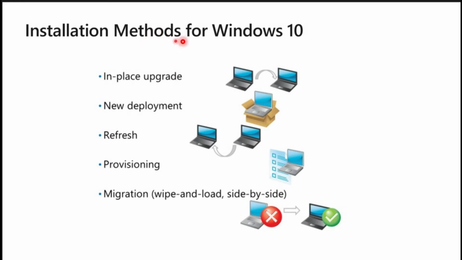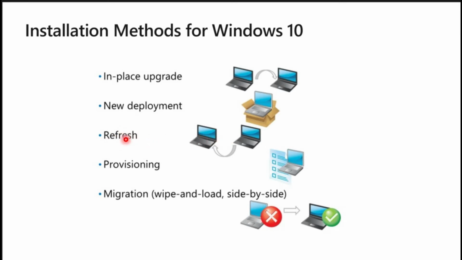So, installation methods for Windows 10: we have the in-place upgrade. In-place upgrade means you upgrade the same server or same PC. You have Windows 7, you make it Windows 10. New deployment means you are deploying on a clean machine.